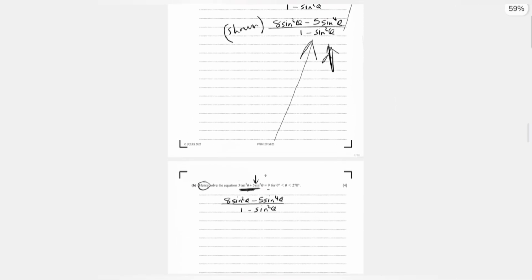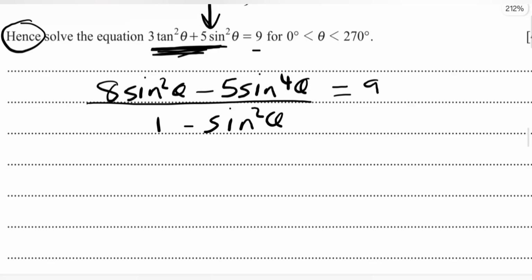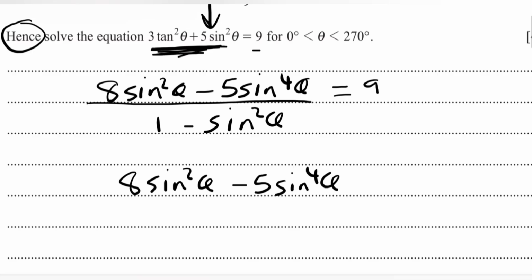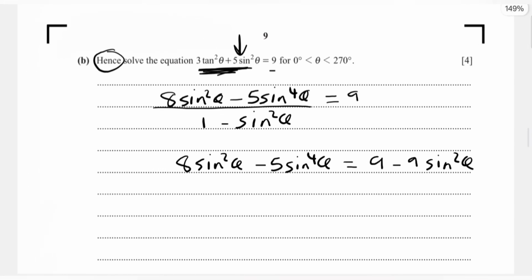Did I get that right? Yes. Is equal to 9. Cross multiplying this, we get 8 sine squared theta minus 5 sine to the power 4 theta being equal to 9 minus 9 sine squared theta, like that, right?